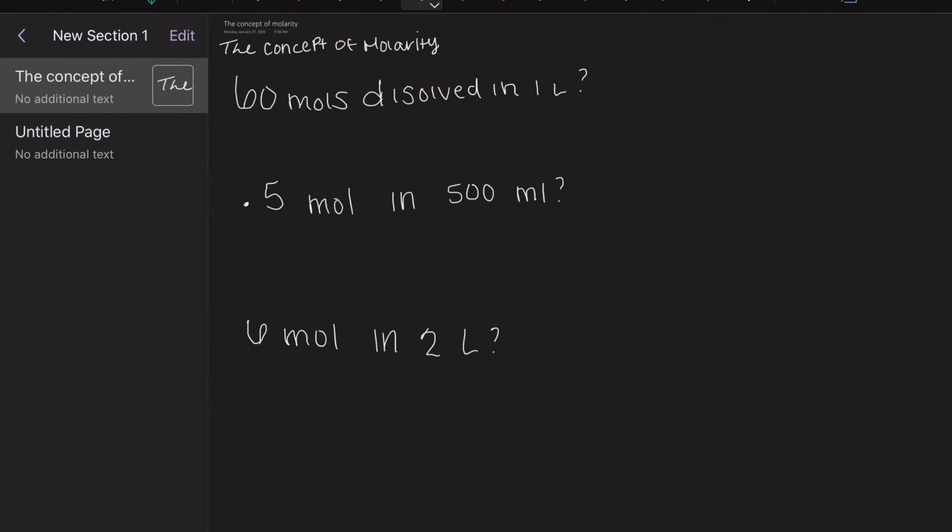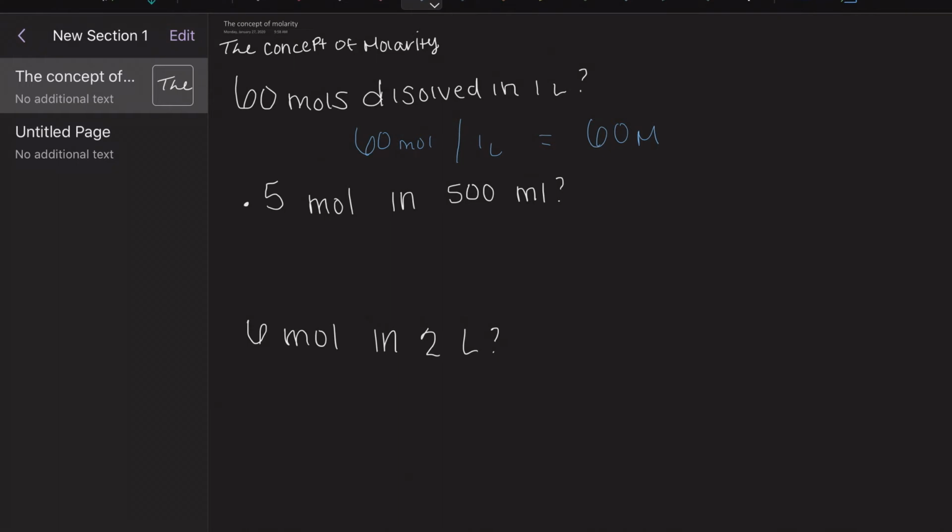So here are our problems. Let's look at the first one. Sometimes with molarity problems, it's really easy. They just give you what they want. So 60 moles per 1 liter, that means that the molarity is 60, because 60 divided by 1 is 60.